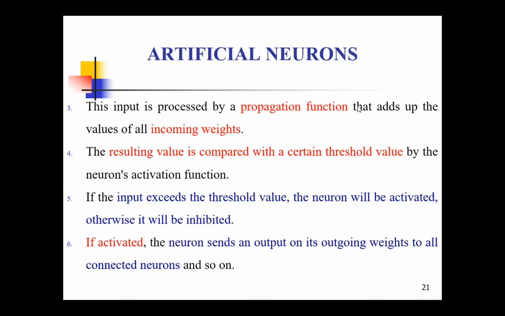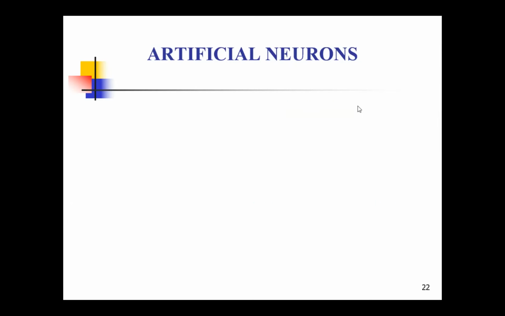If activated, the present neuron will send an output based on the weightages to the connected neurons or the next level neurons. And similarly, it will go on, for example, from input neurons to hidden layers, then from the hidden layer to the output layer. So subsequently, it will keep moving.